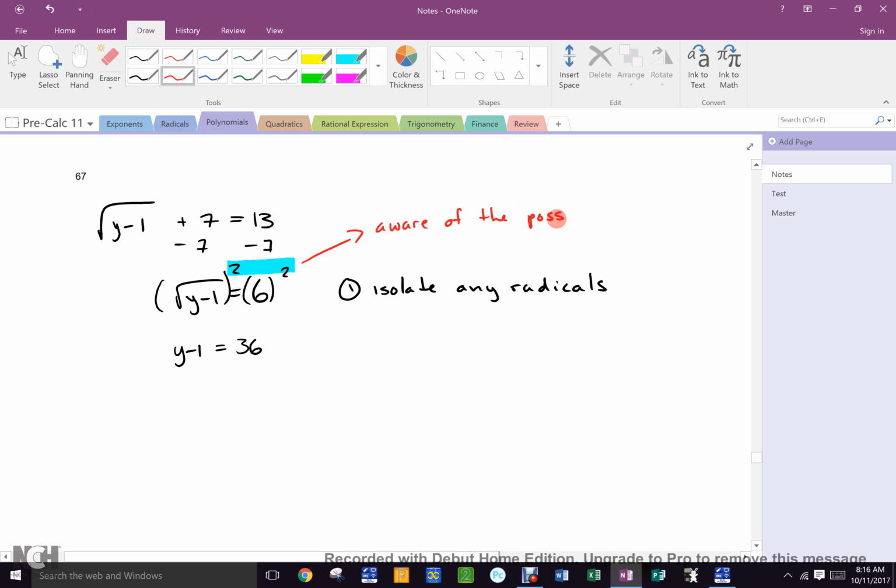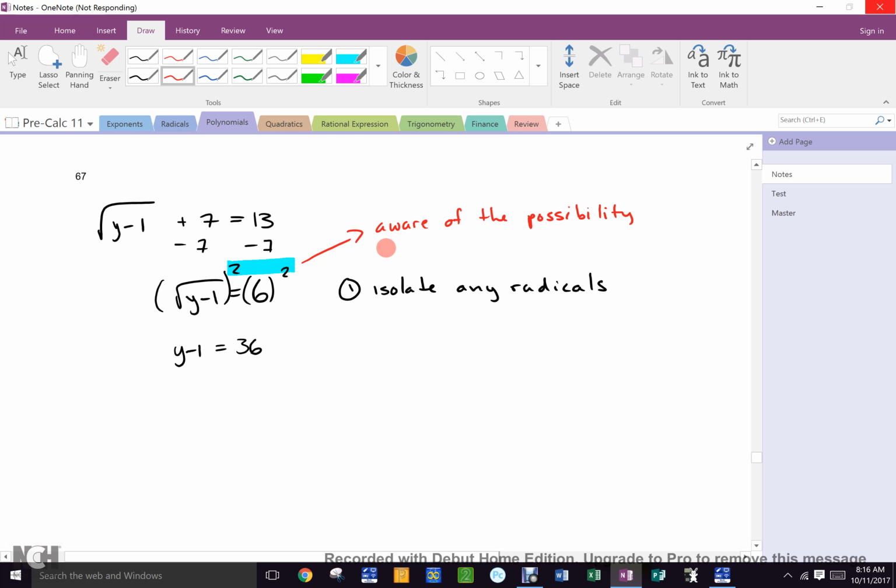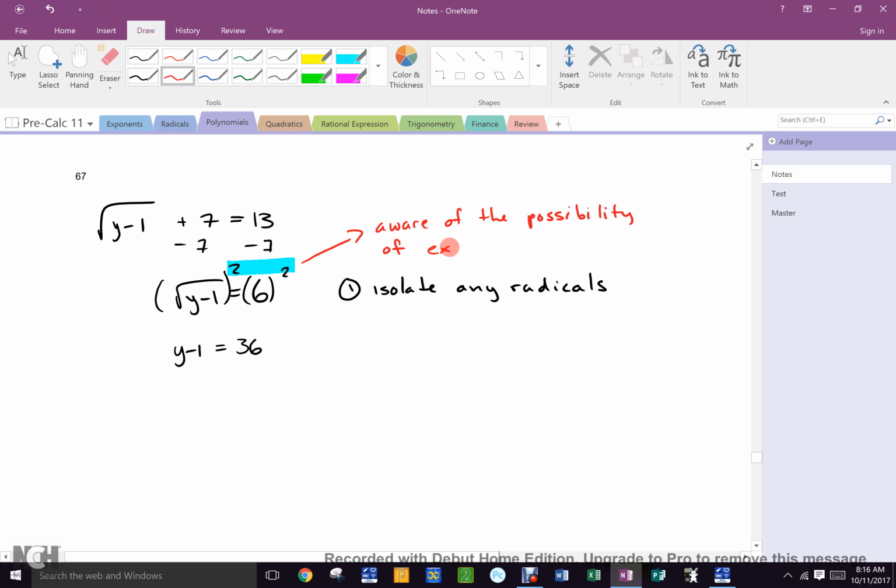Once I have done this, I need to be aware of the possibility of extra answers. Why? What is it about the squaring process that opens us up to phantom answers, which today I'm going to give you the proper name for, numbers that might not be part of the original situation?